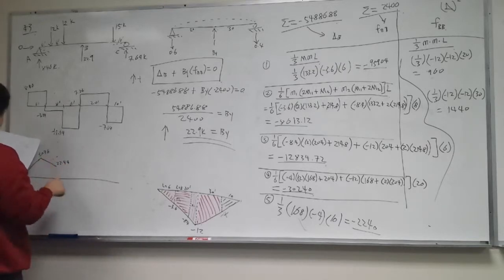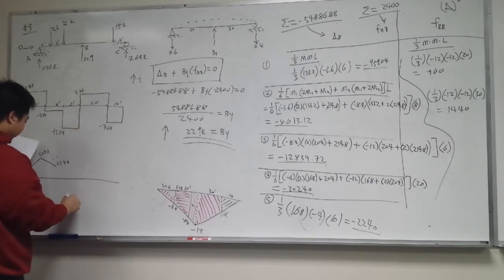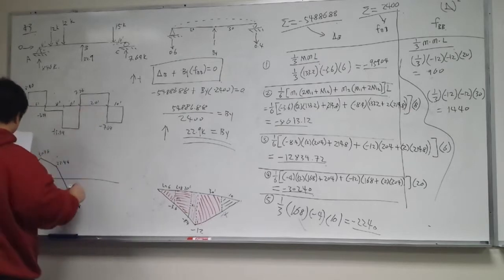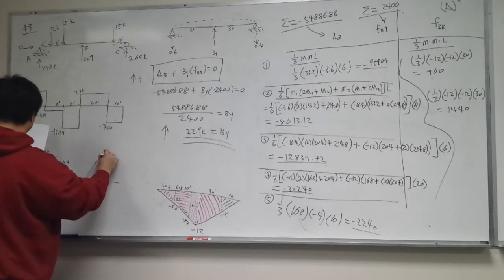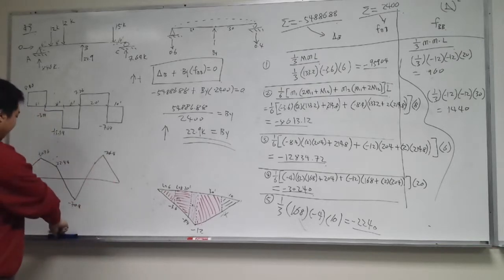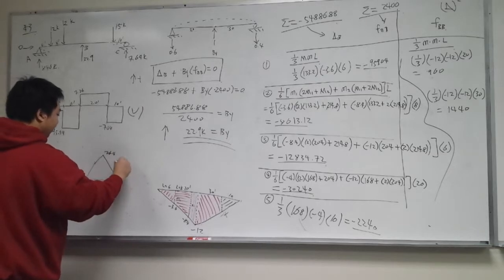And then it drops again to negative 70.8, then come up to 76.4, and then drop to 0. So now we have shear, we have moment.